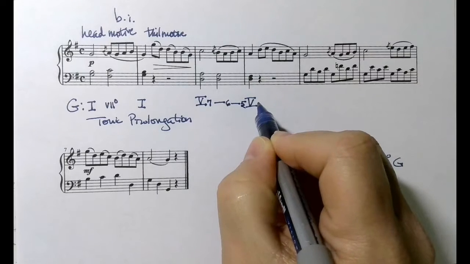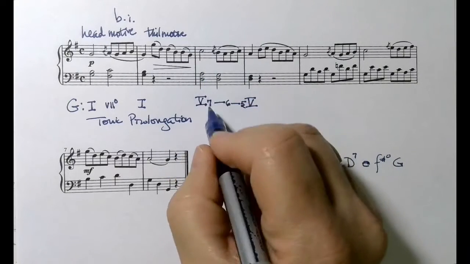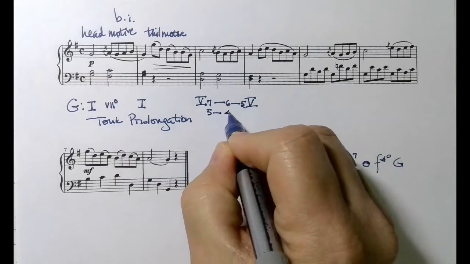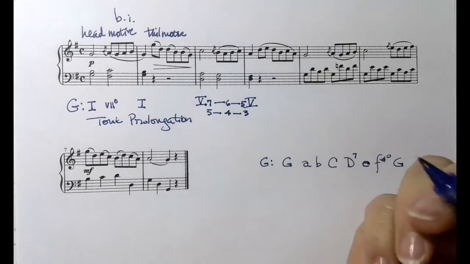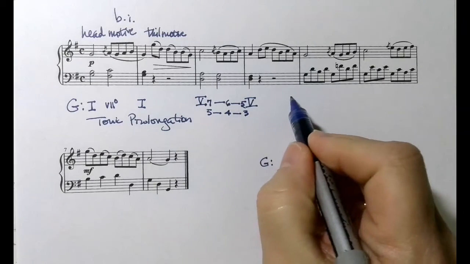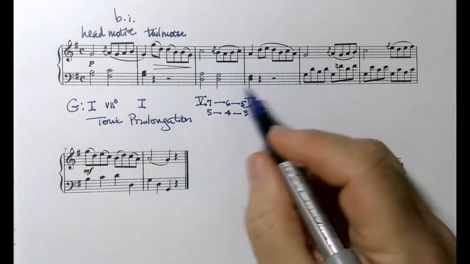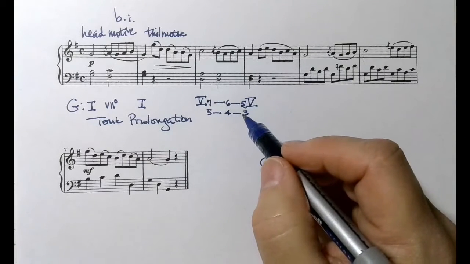The 5th above descended to be a 4th above to arrive on the 3rd above. So this is all about the dominant with some descending linear motion above it.